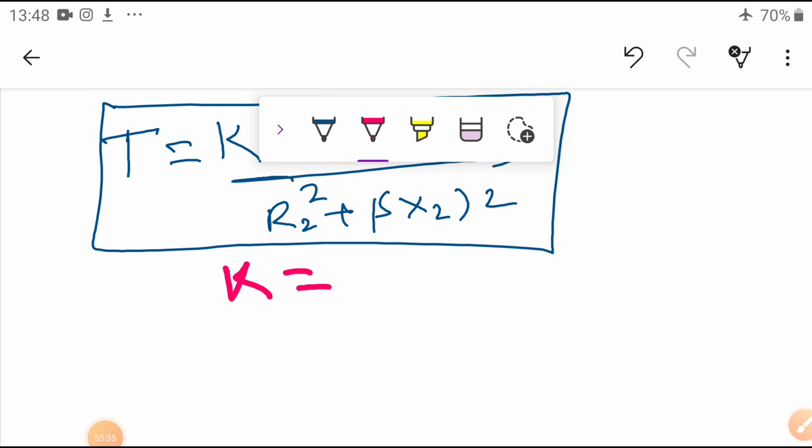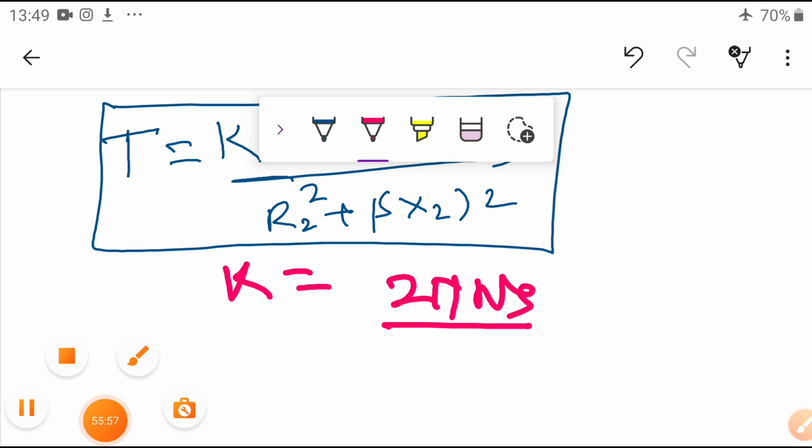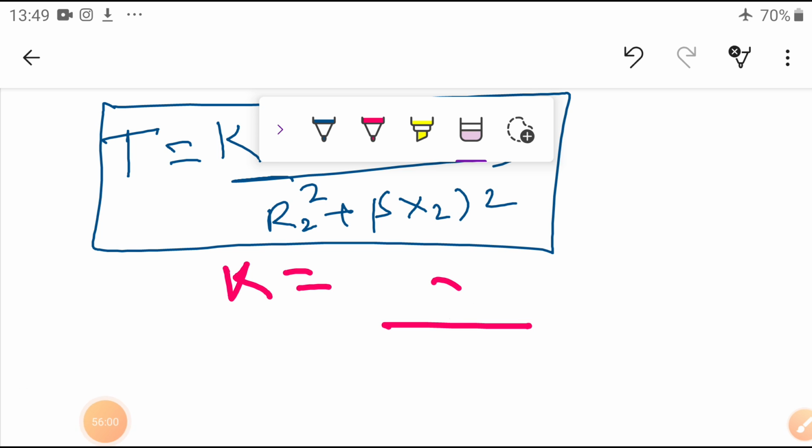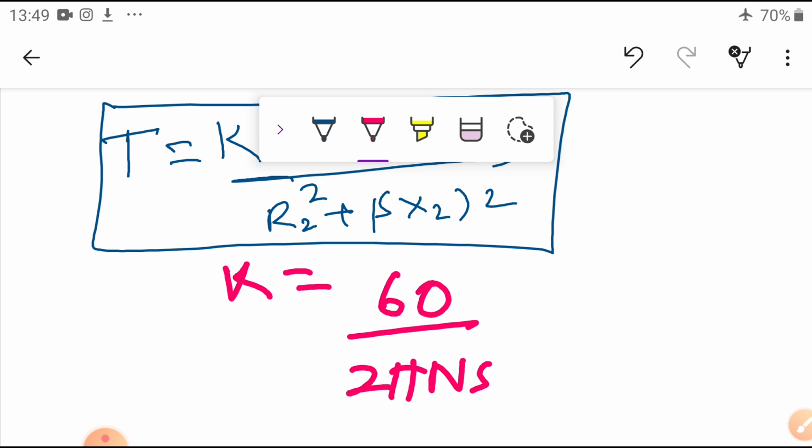That K value is equal to 3 by 2 pi ns, where ns is in rps, that is 60 by 2 pi Ns into 3.